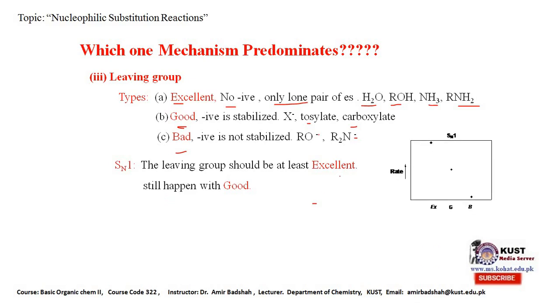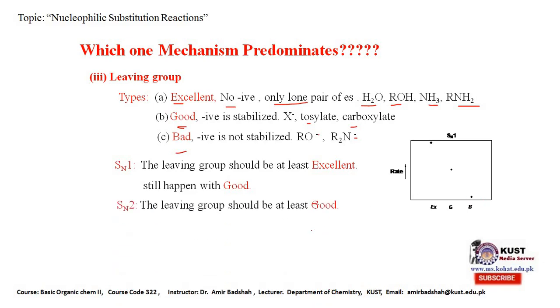It has been shown here that the rate of SN1 depends on the nature of the leaving group. If it is excellent, the rate will be very high, but if it is good, the SN1 mechanism will still occur. And if it is bad, the rate of the SN1 mechanism is very low. It means it is not possible with a bad leaving group.